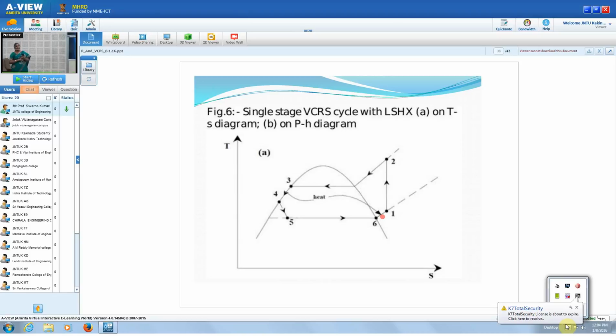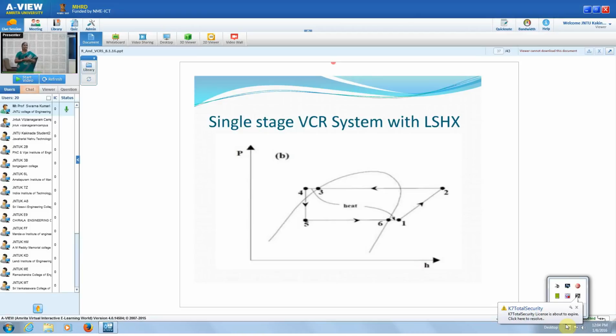If you see the diagram, how the heat transfer takes place, how subcooling and superheating are possible, is shown by the curved line. The same thing is shown in the pH chart.